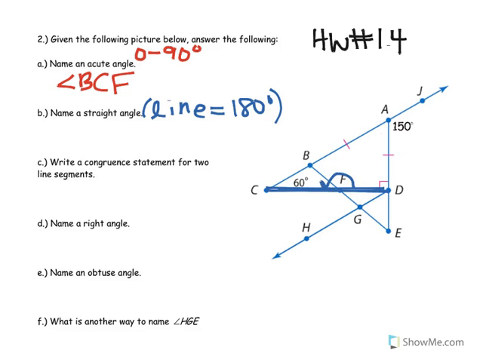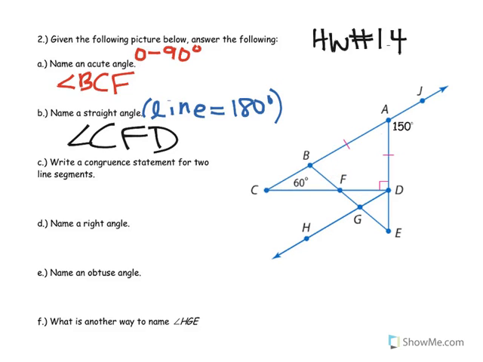This angle there is 180 degrees. That forms a straight line. How do I name that? Well, I know that F is the middle of the 3 points, so that has to be my vertex, right? And I'm just going to use the other 2 letters in order. So I'm going to say CFD, and I get that angle there.